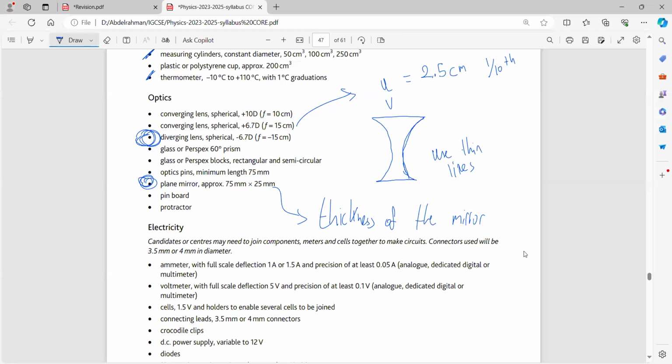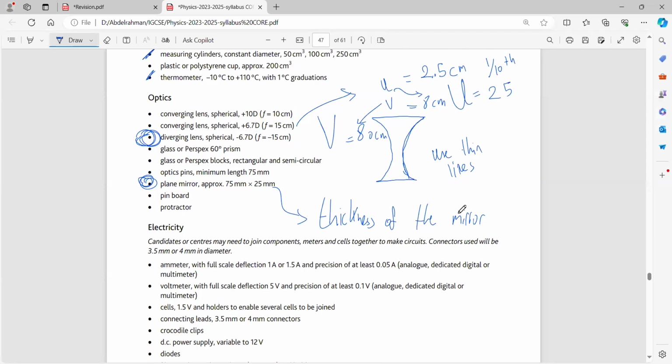You should just multiply it by 10. So if the small u is 2.5 centimeters, the capital U would be 25. I just multiplied by 10. If V was, let's say, 8 centimeters, then the capital V, the actual distance, would be 80 centimeters.